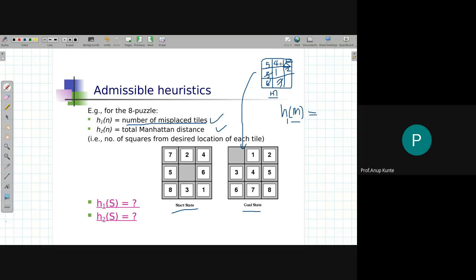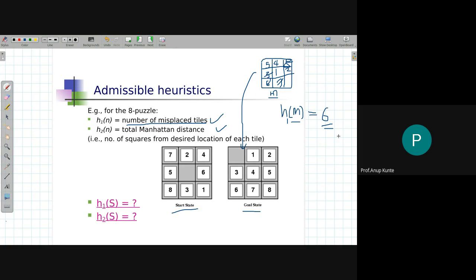So 6 tiles are misplaced and 3 tiles are correctly placed. This way h1 of m is 6. We're just counting the number of misplaced tiles.